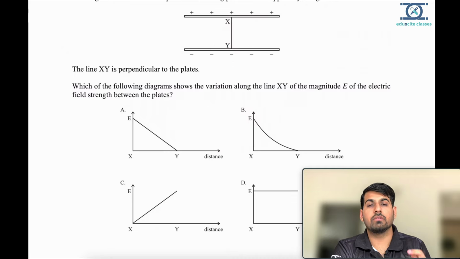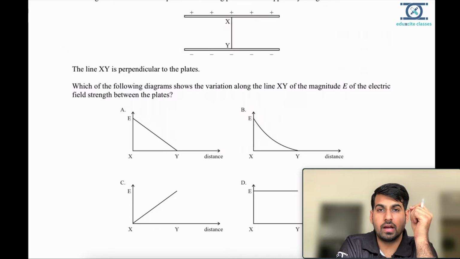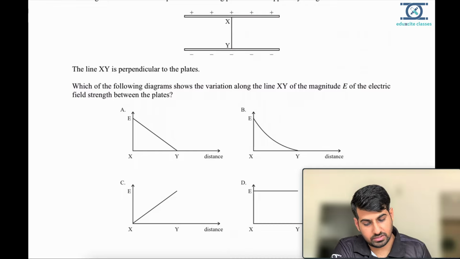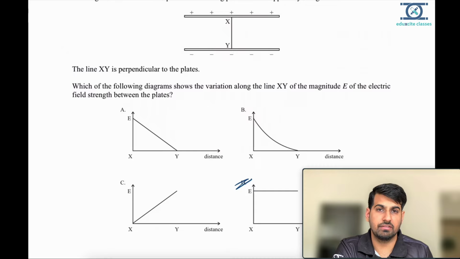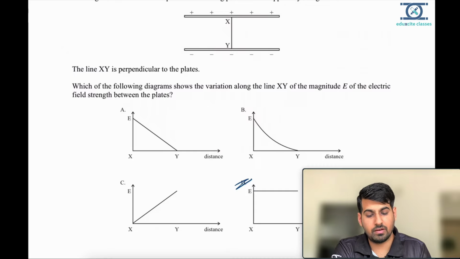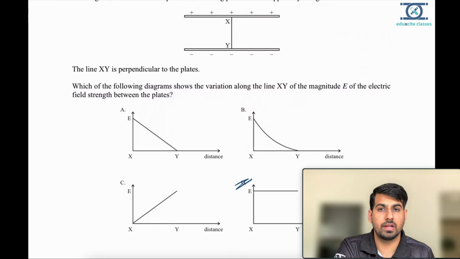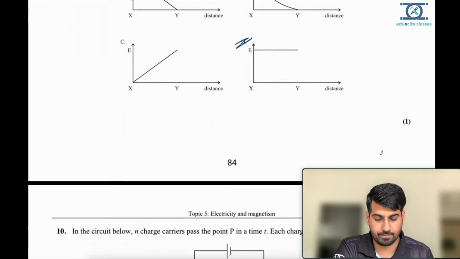So whatever point you put the charge along the xy, the electric field strength has to be constant, and in that too in the same direction. Therefore option D will be the right answer. Or you can directly remember, it is a uniform electric field and the electric field strength is constant throughout the distance between the two parallel oppositely charged plates. Okay.